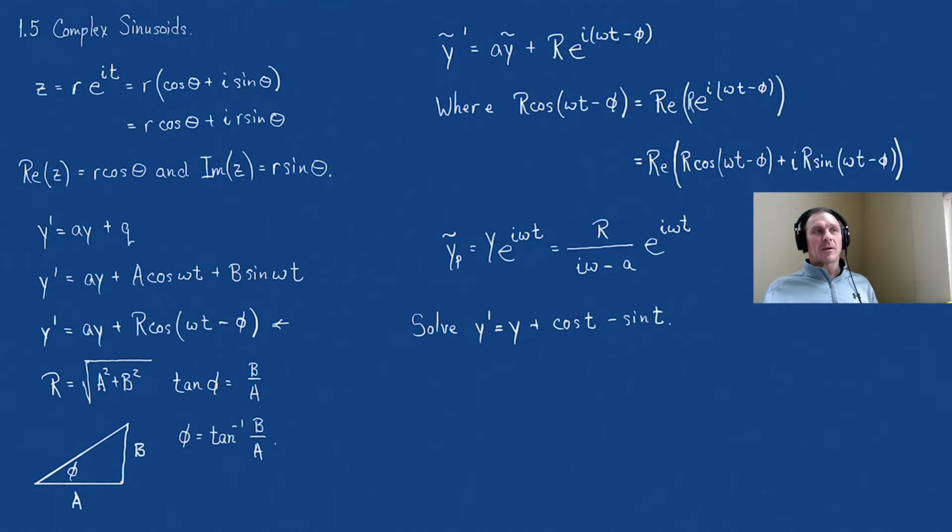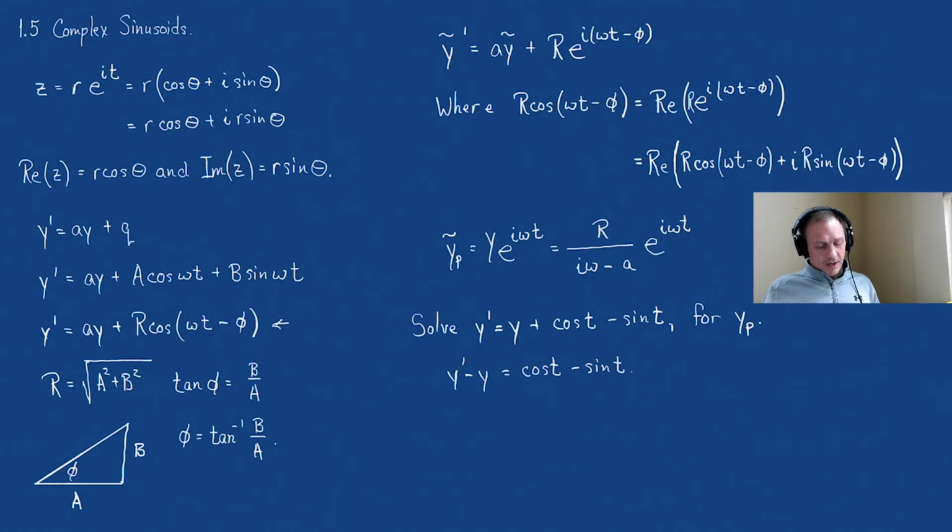And we're just going to use all of these relations that we've found, and solve this for y particular. Well, how do we do that? Well, look at what we do. We just follow these steps. In other words, I'm going to write this as y prime minus y is equal to the cosine of t minus the sine of t.